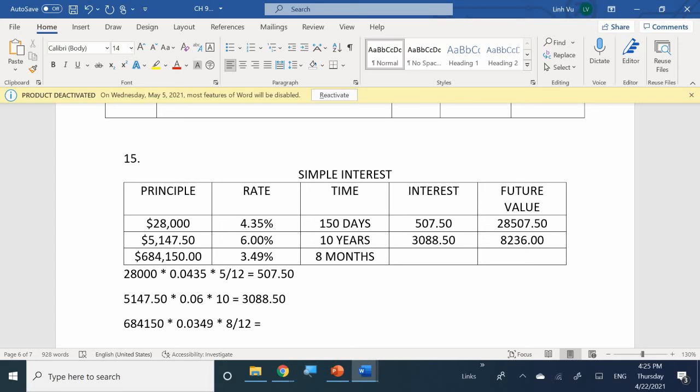I got 17. I got $17,907.63. Okay. Anybody else got the same answer? I got lost. Okay.